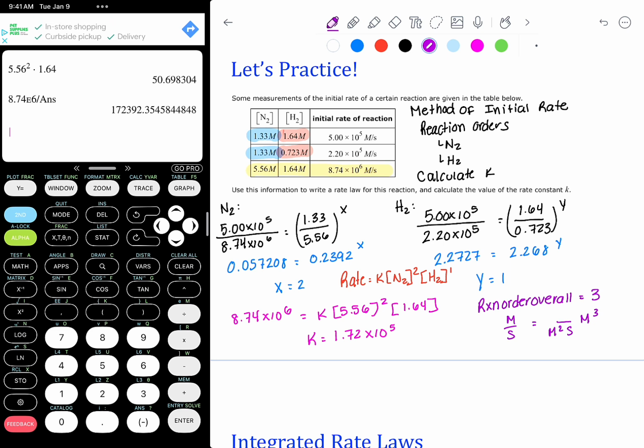So our answer would be 1 over molar squared times seconds. Or you can think of it as, okay, this is 3, which means my molar needs to be, if I do it in the fraction, it's going to be 2 times seconds because K always has units of 1 over seconds. You could do it either way. So K is 1.72 times 10 to the 5th, 1 over molar squared times seconds.